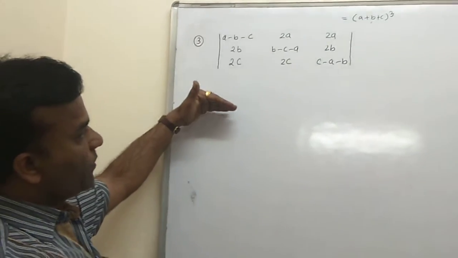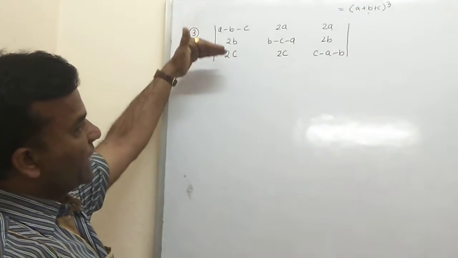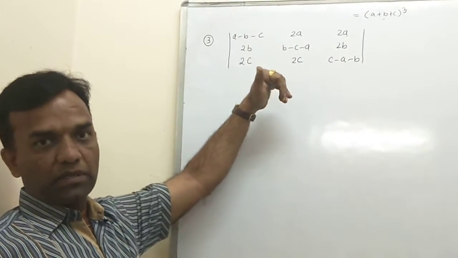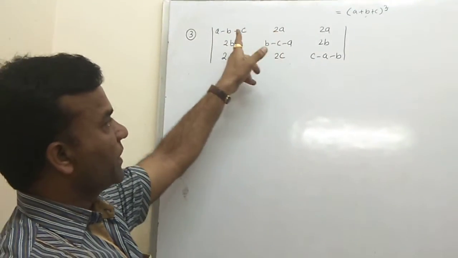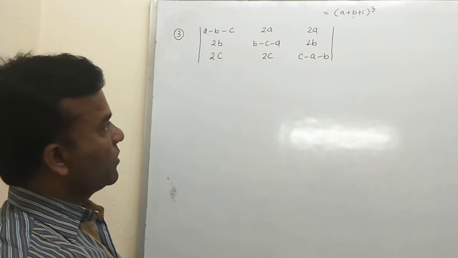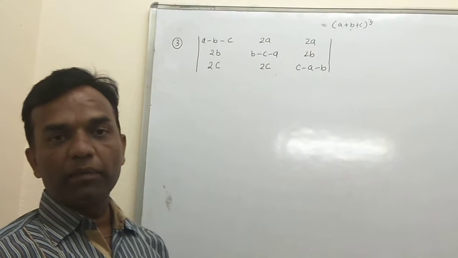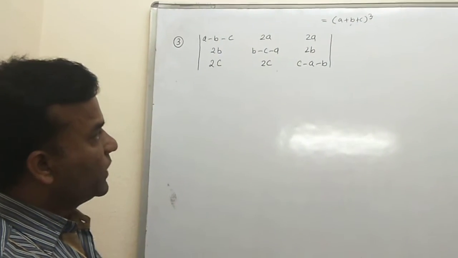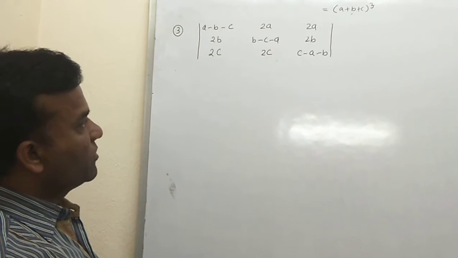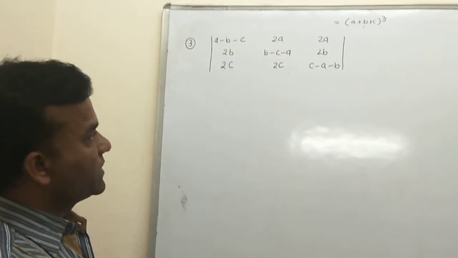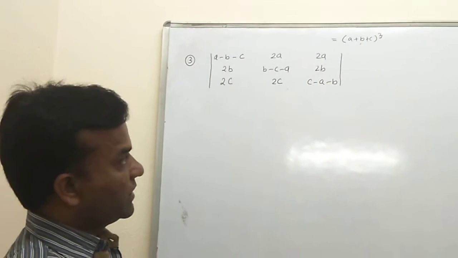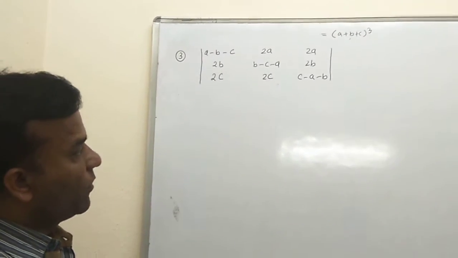So in the first operation you apply, you are adding the column elements, which means you apply the row operations. Here a column operation is not possible because 2a and 2a are here. You apply it and then you get the value of a plus b plus c, and so the answer comes as (a plus b plus c) whole cube.